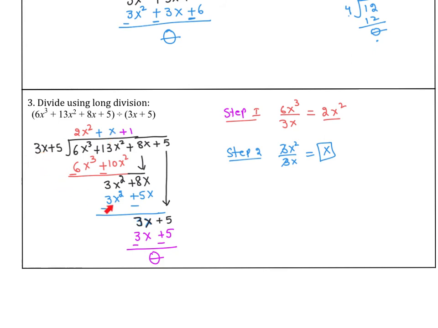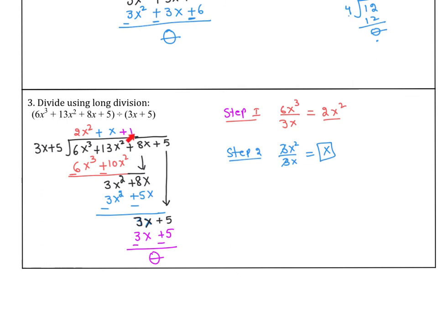x times 3x is 3x squared, x times 5 is 5x. Change the signs. 3x squared cancels. 8x minus 5x is 3x. Bring down the 5, and you get 3x plus 5. In this case, it's so obvious to get 3x that we're going to multiply it by 1.